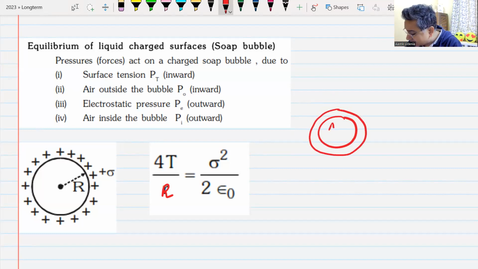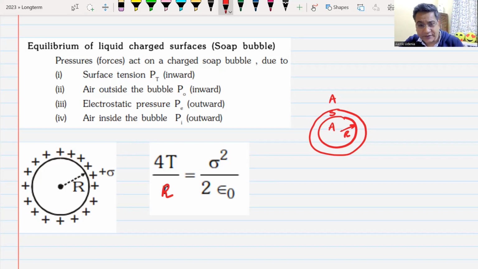A soap bubble has a surface like this. Inside it is air, outside it is air, and in between is a very thin layer of soap solution. You can call the radius of the soap bubble R. Do we understand this? Yes, sir.